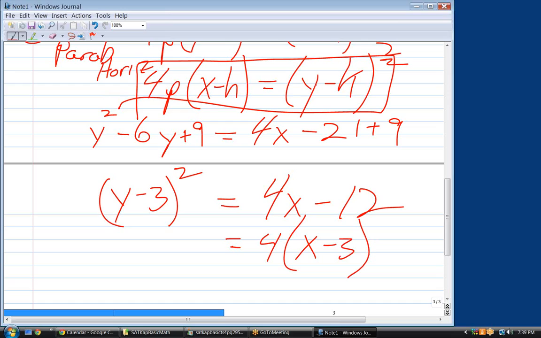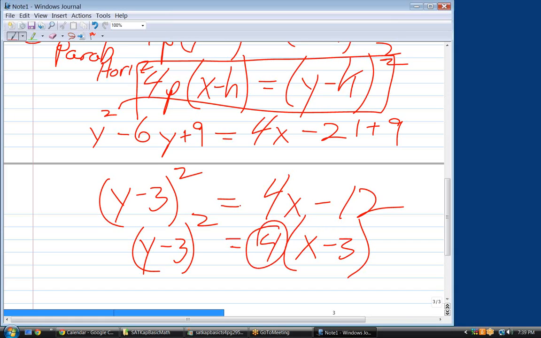Okay, remember we're looking at this format in the box, only I've reversed the two sides. Yeah. So. And now we have it in perfect format. Notice that on one side we have y minus k squared. On the other side we have some number times x minus 3.